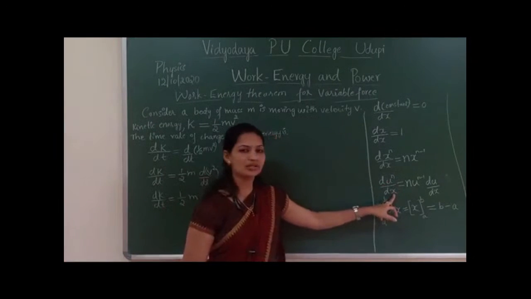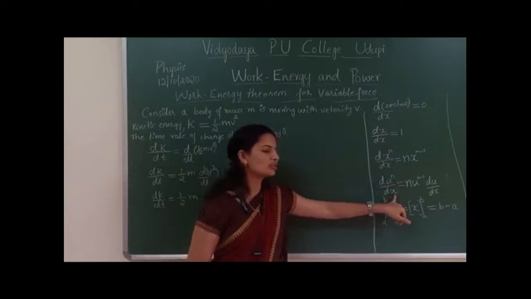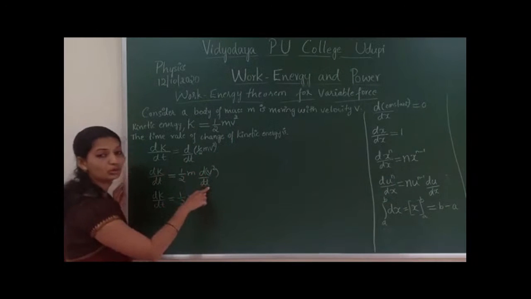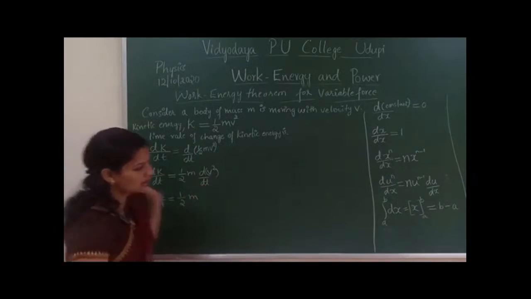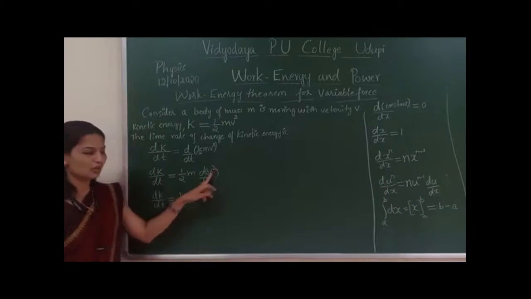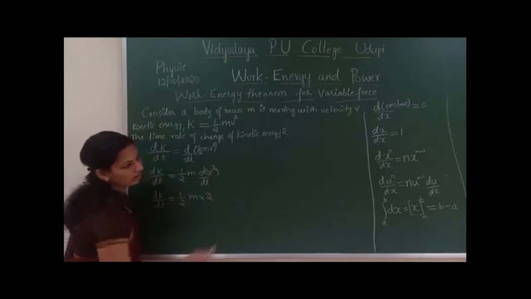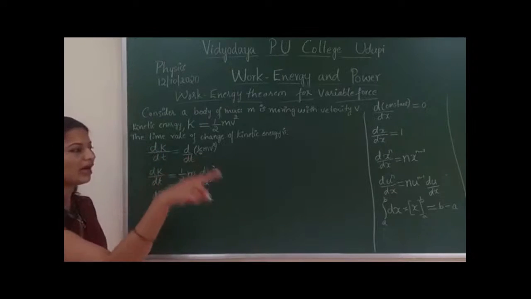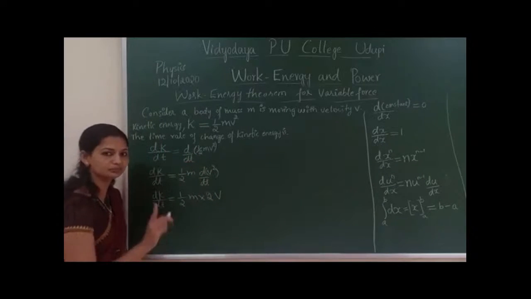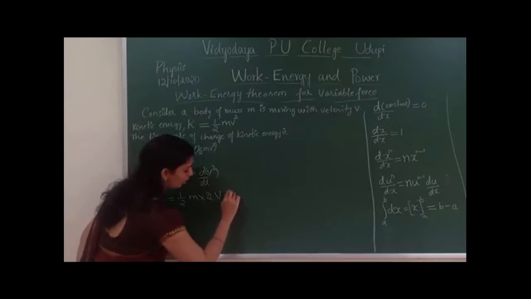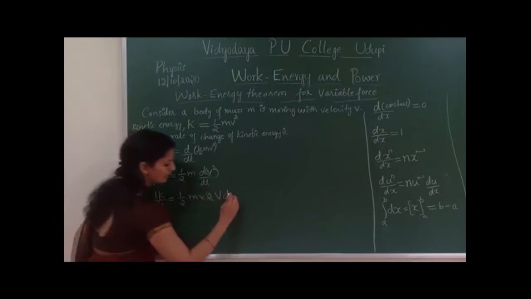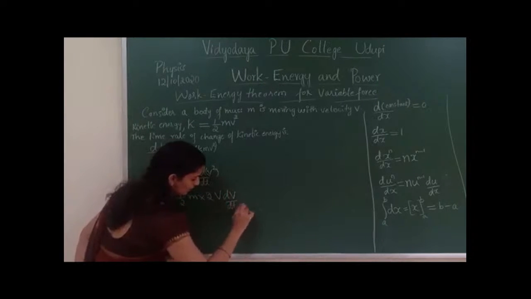Here it is differentiation of u to the power n with respect to x, but here it is differentiation of v squared with respect to time. Just use this formula. Here the value of n is 2, so it is 2 into u to the power n minus 1. That means v to the power n minus 1, that is 2 minus 1, the power 1, into du by dx. Here it is dv by dt.